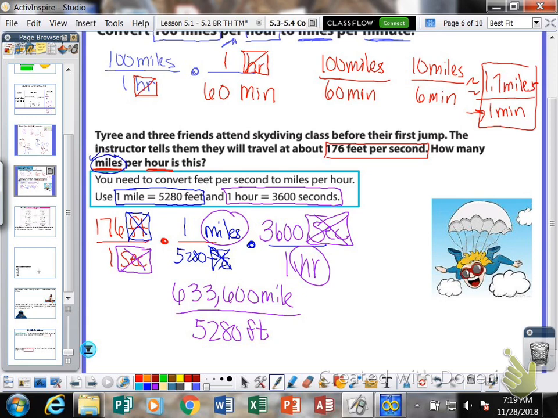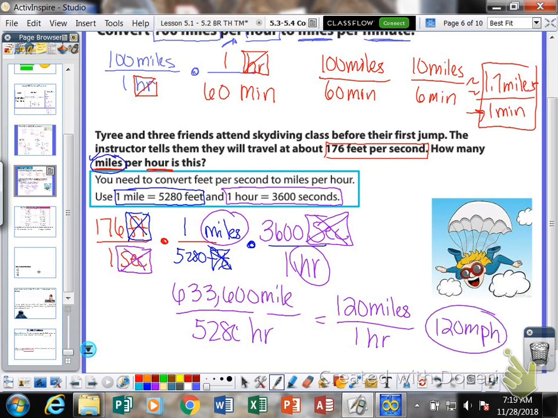Sorry, hours. Change that back to hours. Because that's my label there. And then we simplify. Take 633,600, divide that by 5,280. And I get 120 miles per 1 hour, or you could write it as 120 mph, that is fine. I don't care, but that is how you convert.